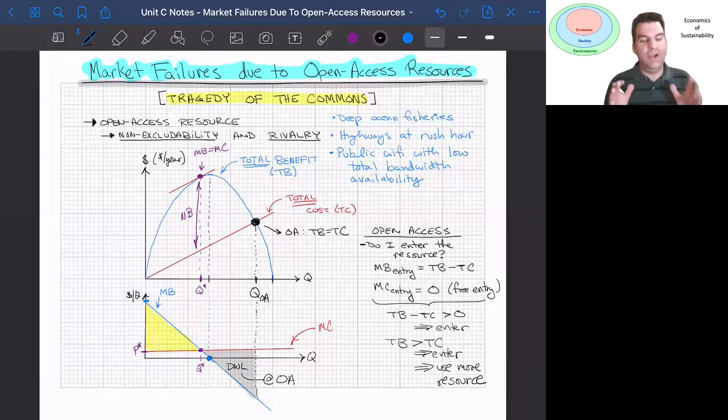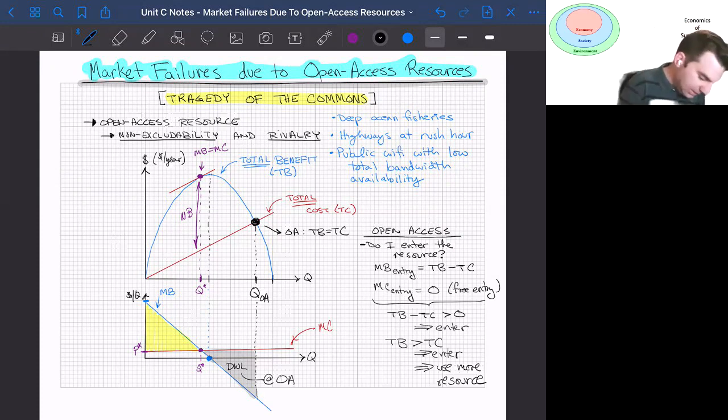And if you look at that, I know that I just kind of hand drew these things, and so things don't come out perfectly, but I hope you can see that the gray area is equal to the yellow area. So in the yellow area, this was our net benefit.